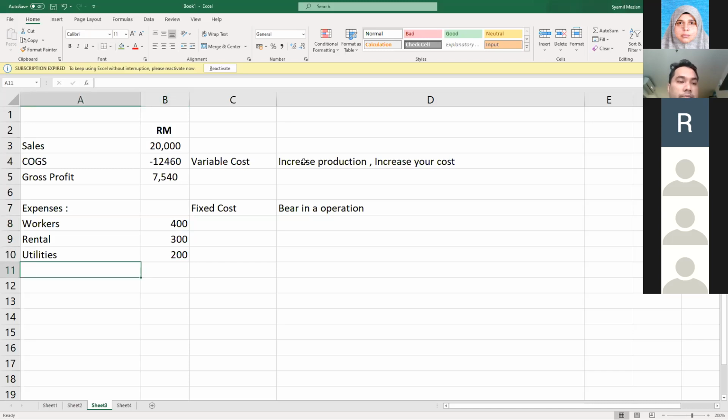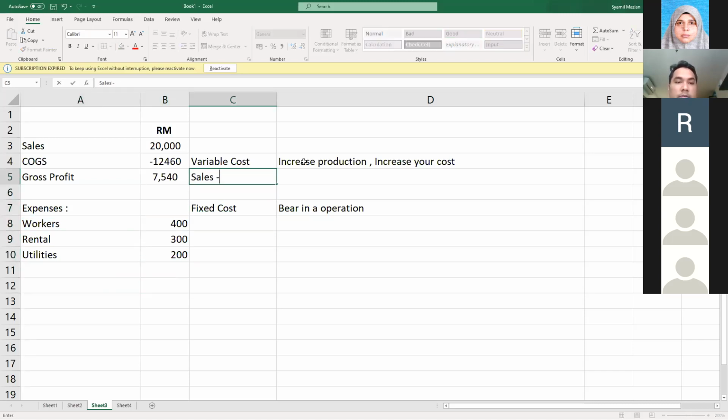Okay, clear guys? So sales minus COGS, we get a gross profit. Gross profit minus expenses, then what we call net profit.